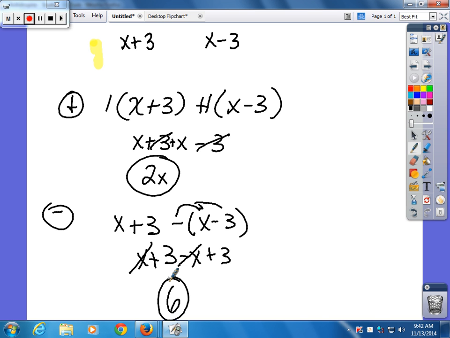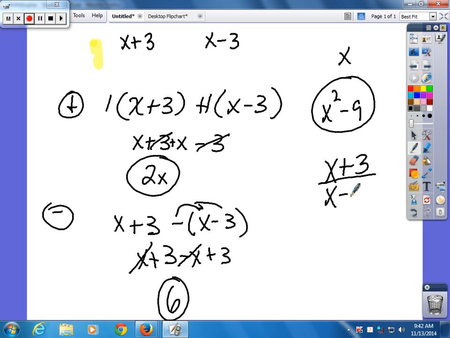Multiplication is x squared minus what? 9. That's shortcut number 3. A plus b times a minus b is equal to a squared minus b squared. And then division, you can't really do anything. x plus 3 over x minus 3. That's division.